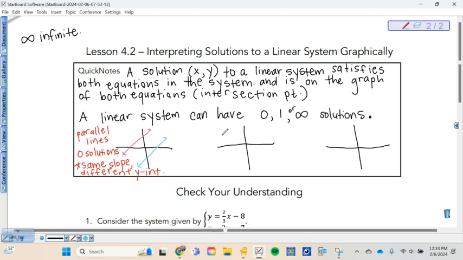Okay. Or I might have intersecting lines. And how many solutions do intersecting lines have? One.